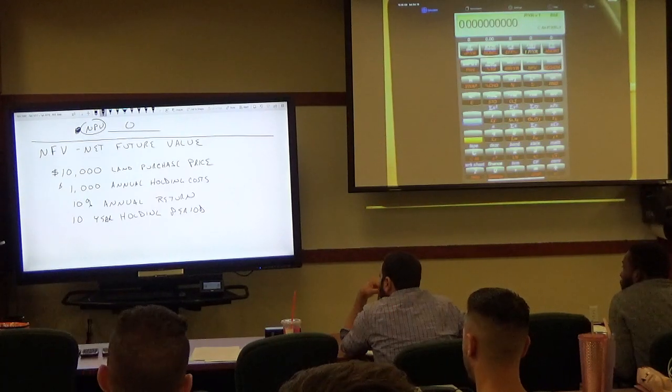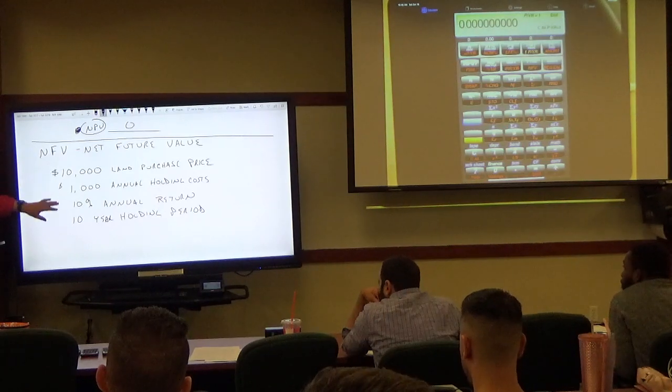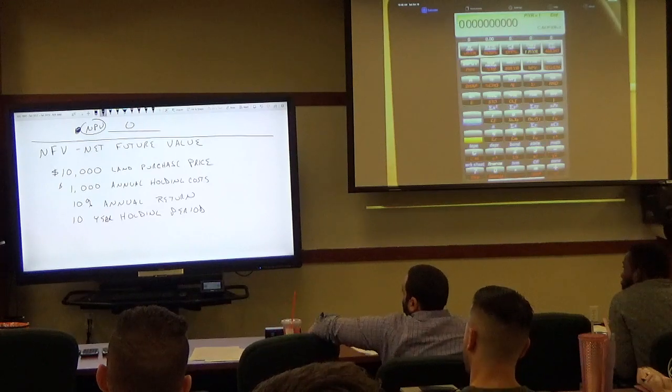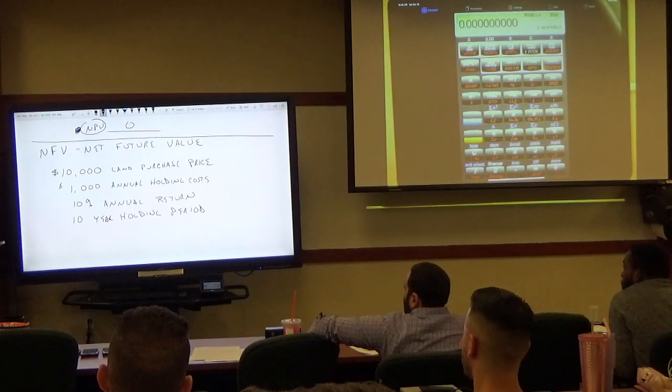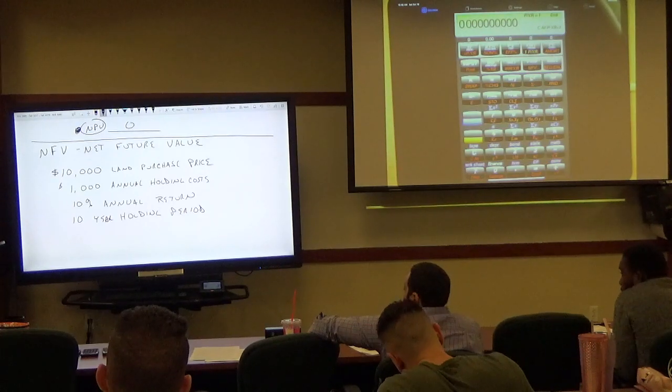We want a 10% annual return on whatever we have spent, and we're going to have a 10-year holding period. So the question is, how much do we have to sell it for to satisfy that? Does that make sense? Okay, so we've got 4 input variables, 1 output.